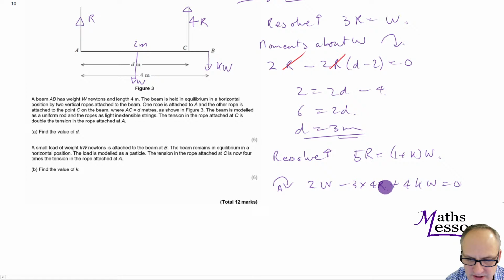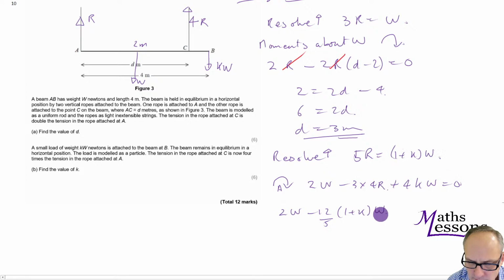So I'm going to replace this R with that. I'm going to get 2W minus 12 over 5 times (1 plus k)W. What I've done is divide all of that by 5, or you could just think of dividing this by 5 and putting it into here to get 12/5.